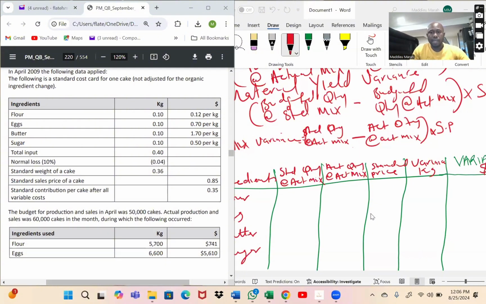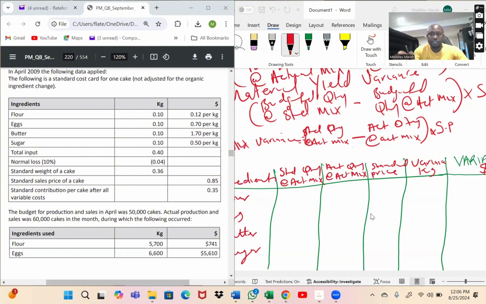You see the formula. We said that standard or budgeted quantity at standard mix minus budgeted quantity at actual mix multiplied by standard price. So I have a table for my ingredients, a table for my first part of the formula, standard quantity at actual mix, a table for my second formula, actual quantity at actual mix, and a table for my standard price.